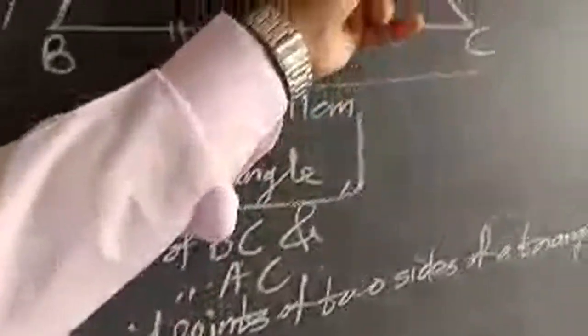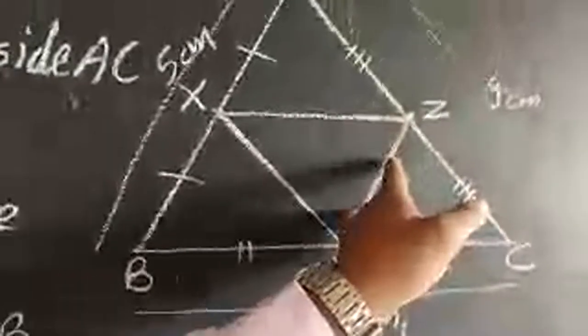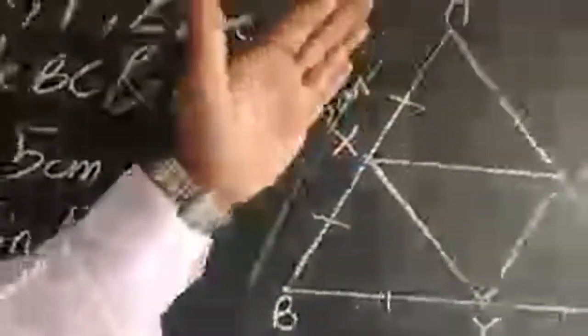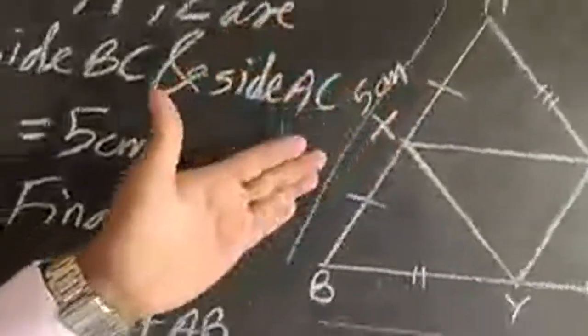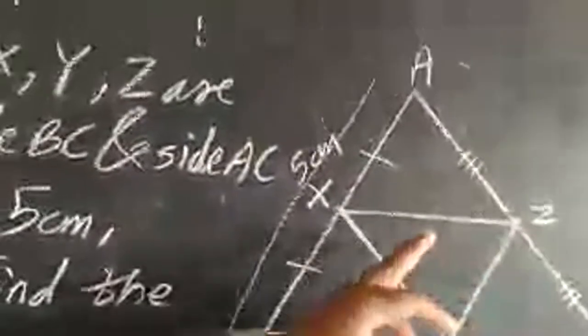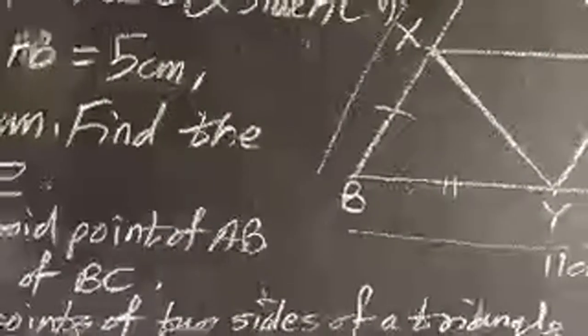The segment joining the midpoints is half of the third side, which means YZ is equal to half of AB.